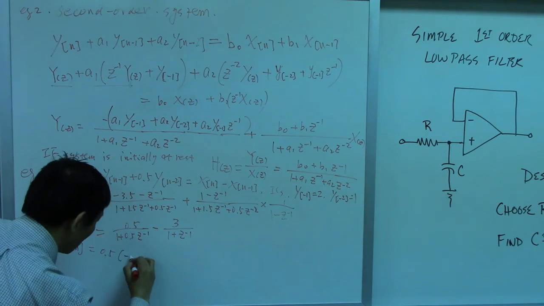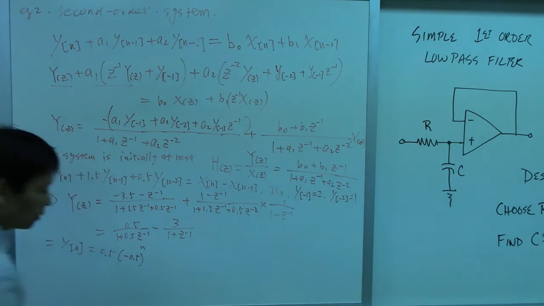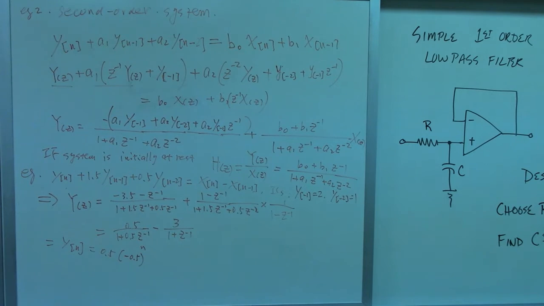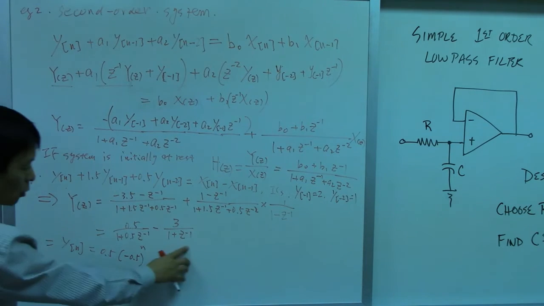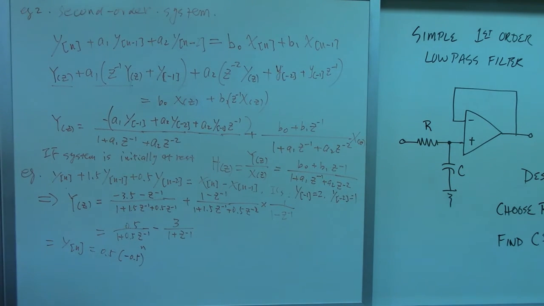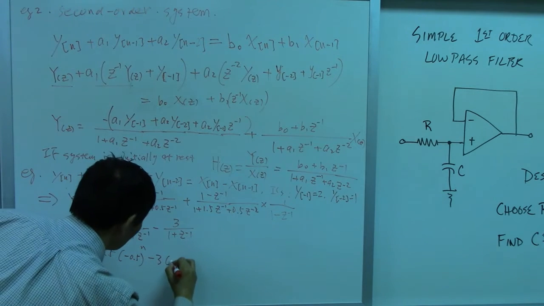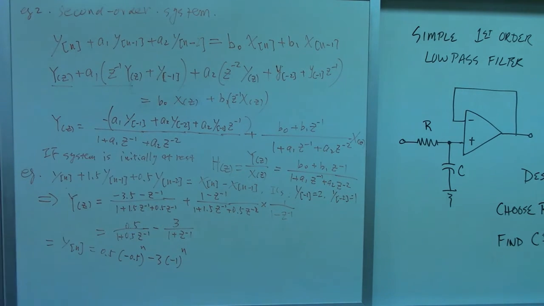So this one is 0.5 times -0.5 to the n, u[n]. And what is this? This is u[n], right? So this one will be -3 times -1 to the n. So also an exponential, but a equals -1.